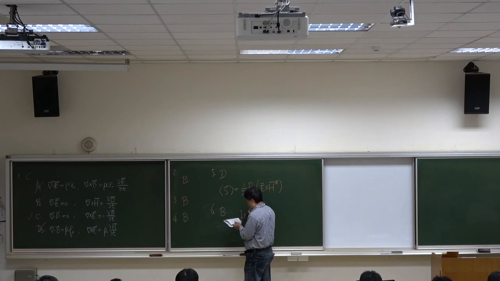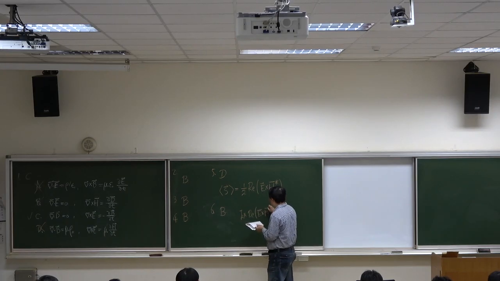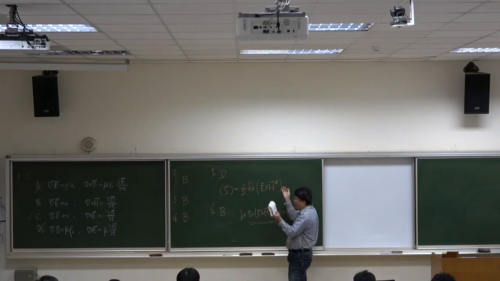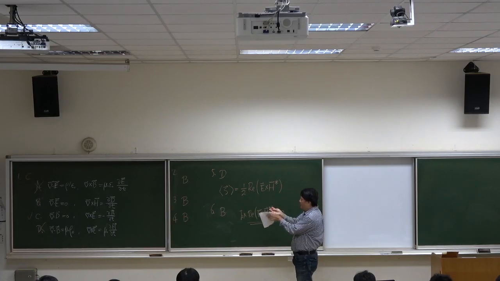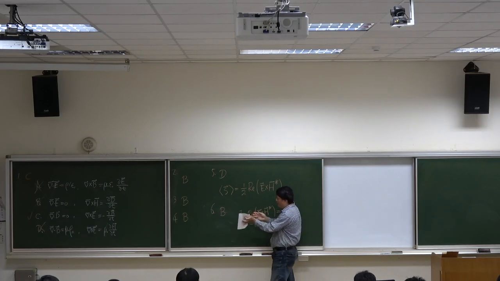B says that K cross real part of E cross H star equal to 0. This is the direction of Poynting vector. And in general, in anisotropic medium, Poynting vector represents the propagation direction of energy, and the K represents the propagation direction of phase.